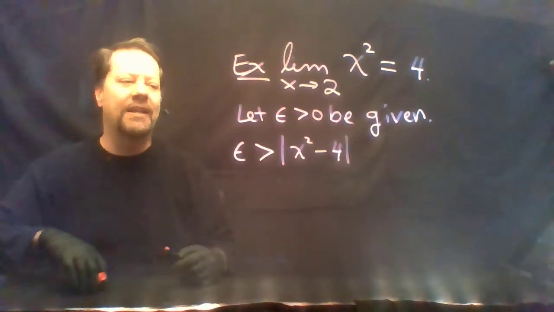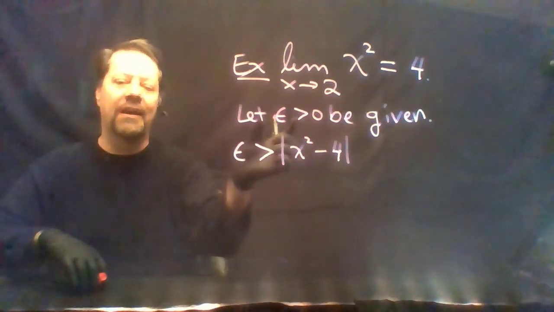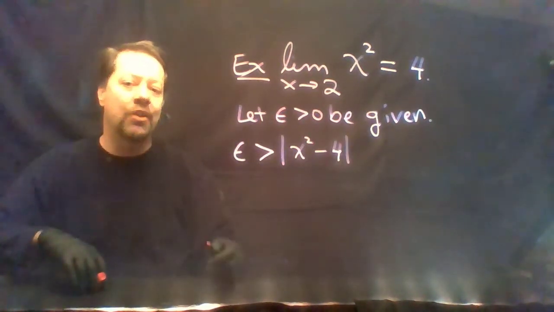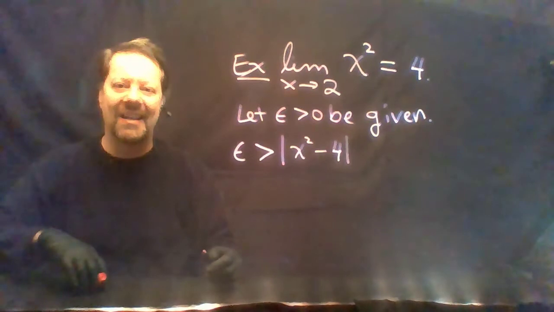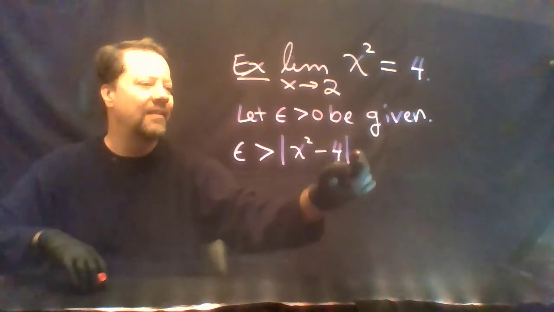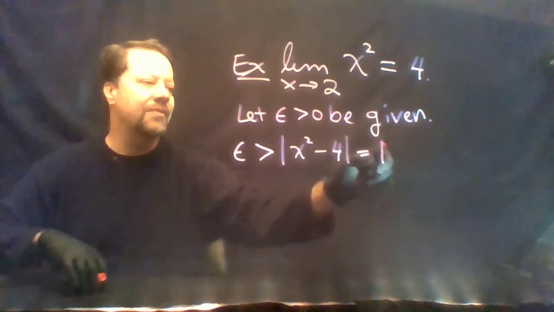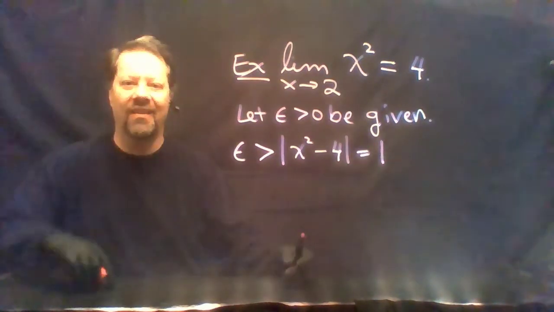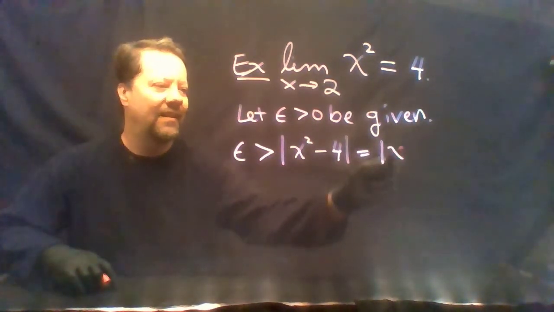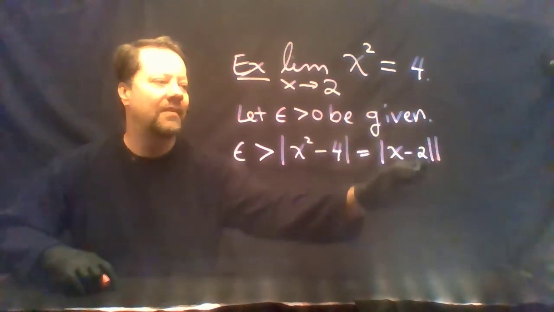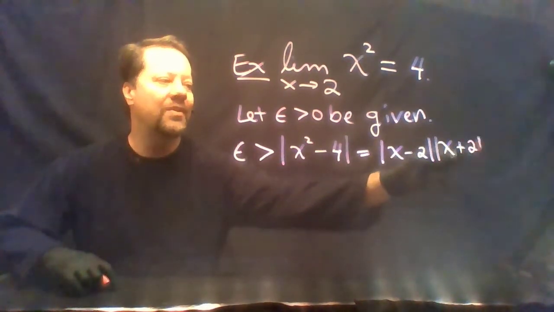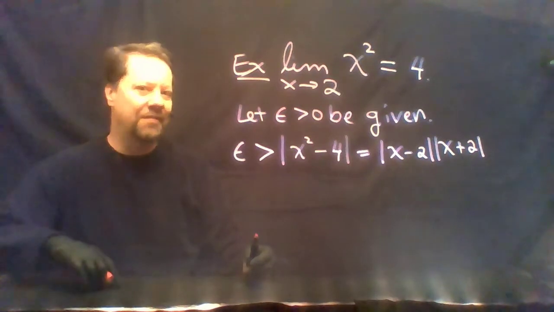And we'll try to break this apart and figure out how close we need to be in the domain in order to make that happen. Note that x squared minus 4 is a difference of squares, and we can factor that as x minus 2, x plus 2, both in absolute values.